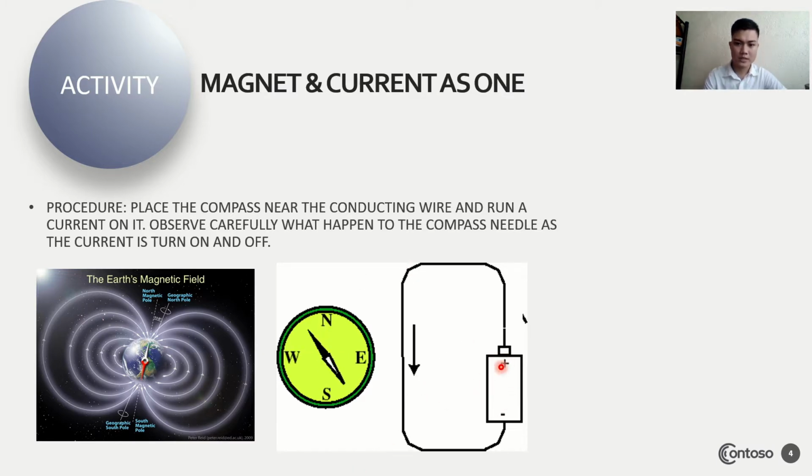The battery is here, then we have just a piece of wire. Anything will do. Then place the compass near the conducting wire and observe what will happen whenever we close the circuit, open it again, then close it. Then observe what happens to the compass.